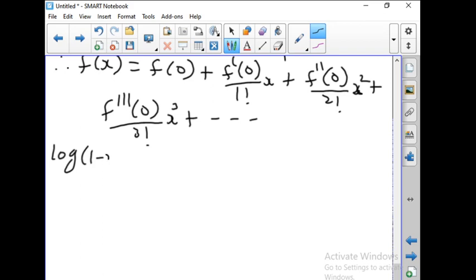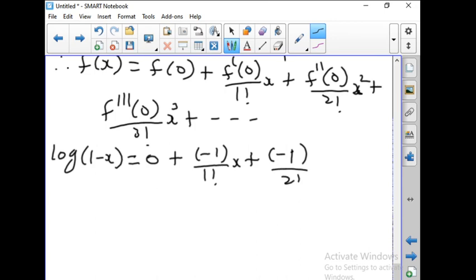Log of 1 minus x is equal to f of 0, which is 0, plus f dash of 0, which is minus 1, so minus 1 by 1 factorial into x, plus f double dash of 0, which is minus 1 again, so minus 1 by 2 factorial x square, plus minus 2 by 3 factorial x cube plus etc.